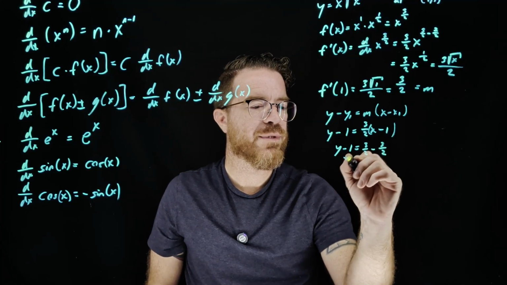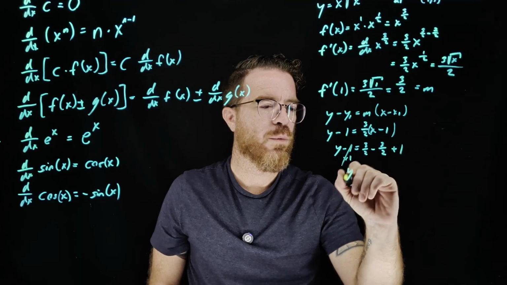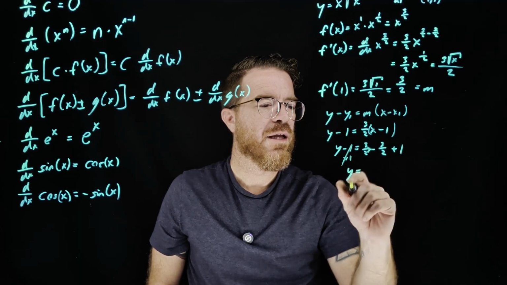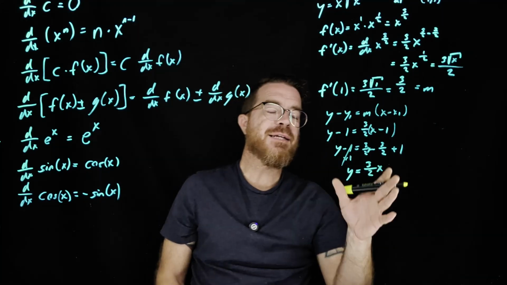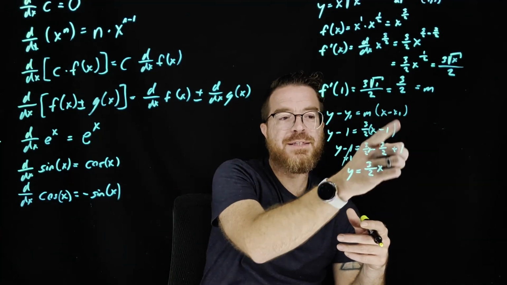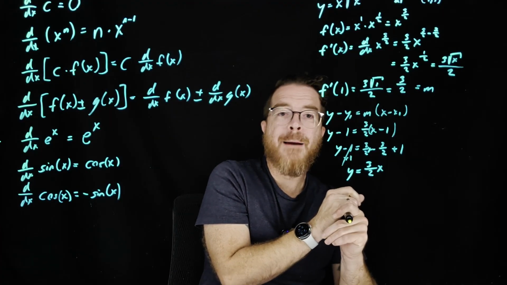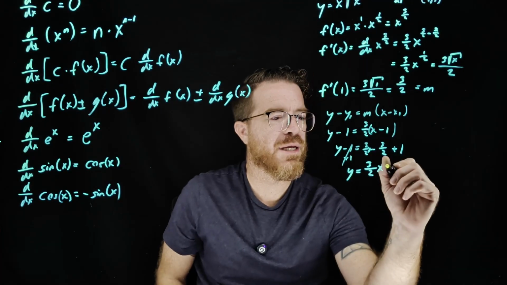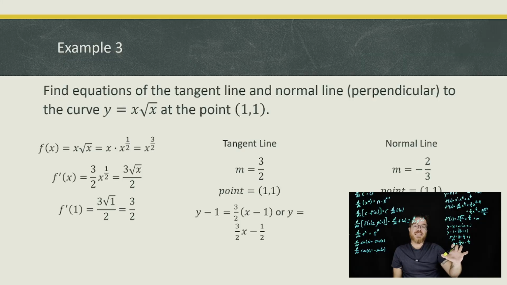I'm going to add 1 to both sides, and I get y equals 3/2 x, and then minus 3/2 plus 1. Just like before, I can make this 2 over 2. So I have 2 over 2 minus 3 over 2, which would be minus 1/2. So this is my tangent line.